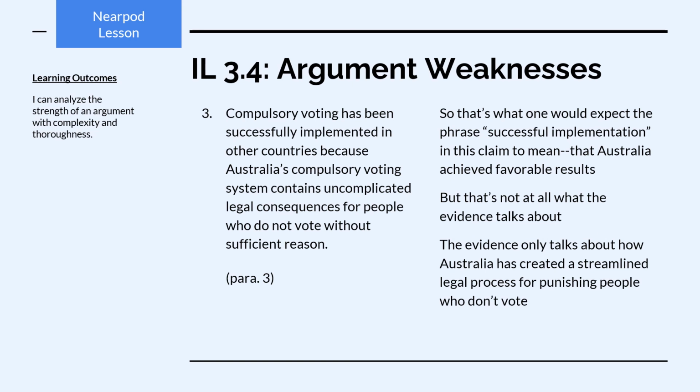So that's what one would expect the phrase successful implementation to mean in the claim, that Australia achieved favorable results. But that's not at all what the evidence talks about. The evidence only talks about how Australia has created a streamlined legal process for punishing people who don't vote. That's not success, is it? I mean, I guess in some way.